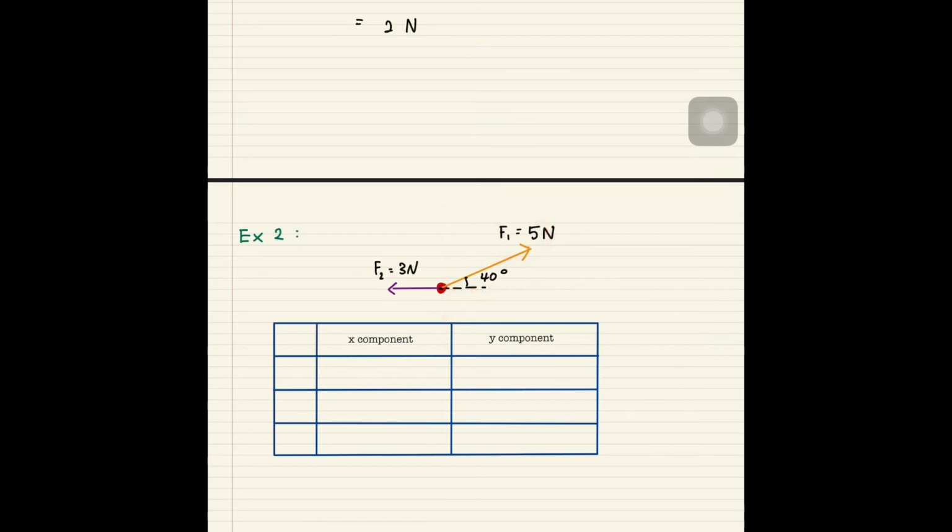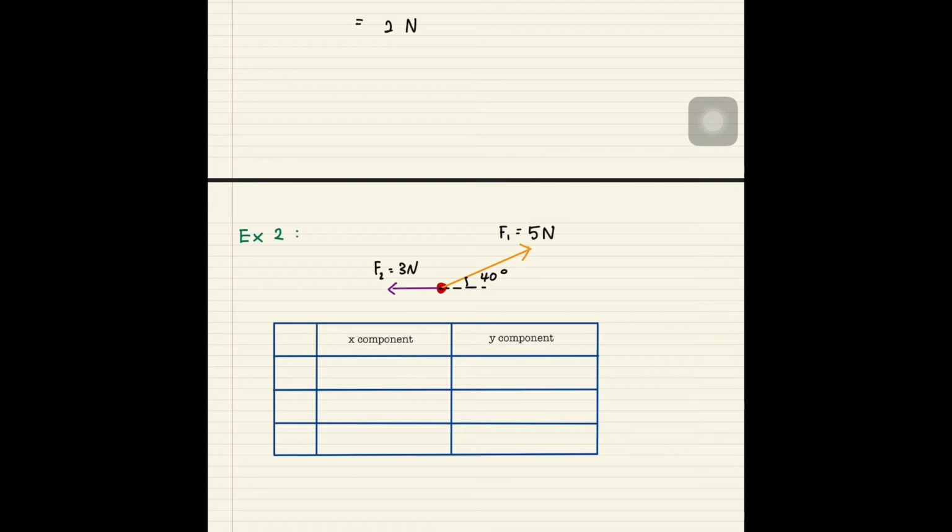It does not lie on the x or y. So what you need to do is resolve this one first. When you resolve, you will have vectors in this direction and in this direction, so that you can start to do addition or subtraction of vectors.